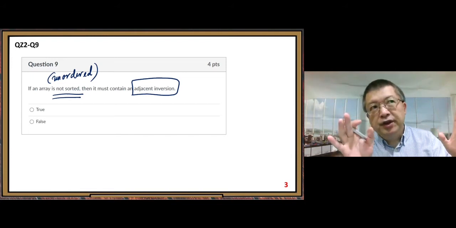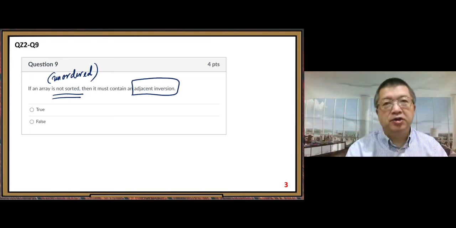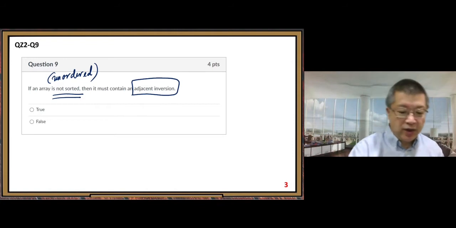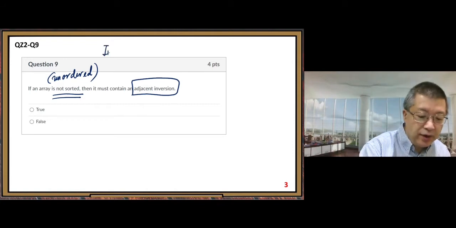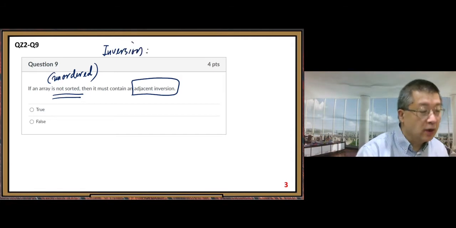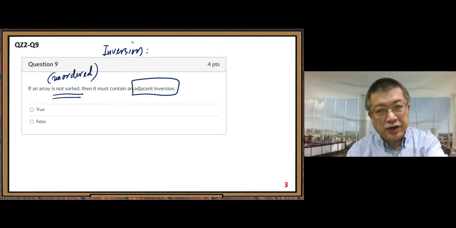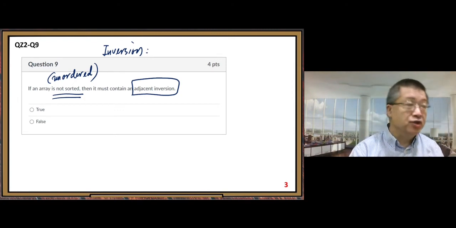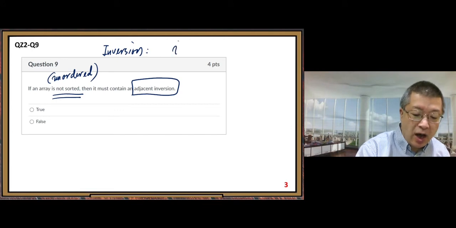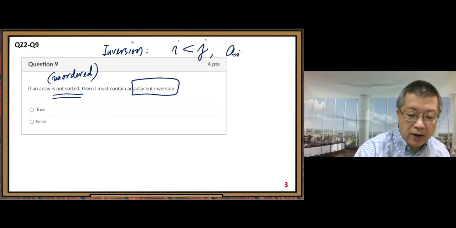First, inversion; second, adjacent inversion. First, we need to know the concept of inversion. Two elements in the array: we consider the indices or subscripts of those two elements, i less than j, but the value a sub i greater than a sub j.